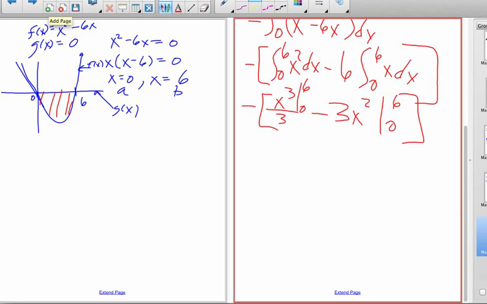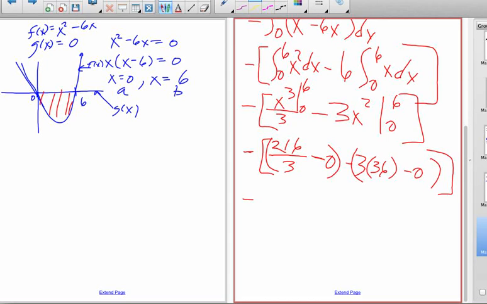And 6 cubed, excuse me, is 216 over 3. Minus, and then I plug my 0 in, that gives me a 0. Minus 3 times 36 minus 0.